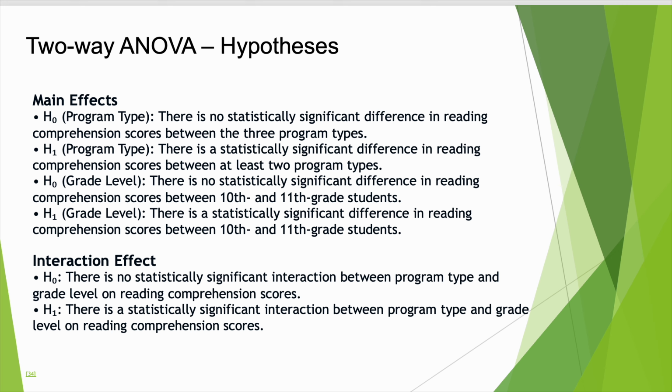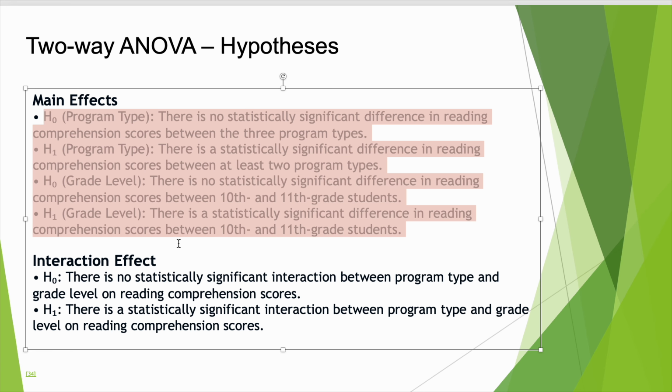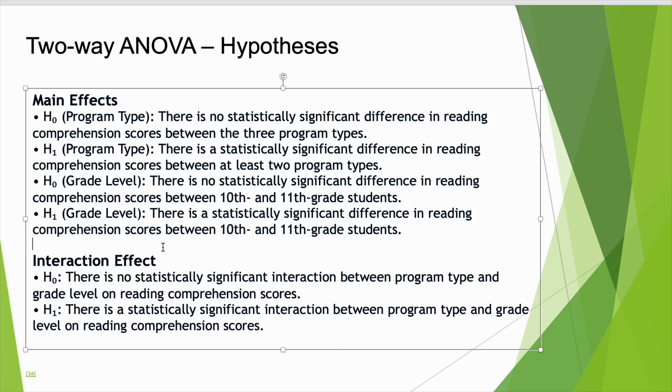You have a group of main effects where you're going to take each grouping factor and write its own hypothesis. So here I have my program types. That's its own hypothesis. And then I have my grade level, and that is its own hypothesis. So I have 2 independent variables. I have 4 main effect hypotheses. Then I have to write the interaction one.